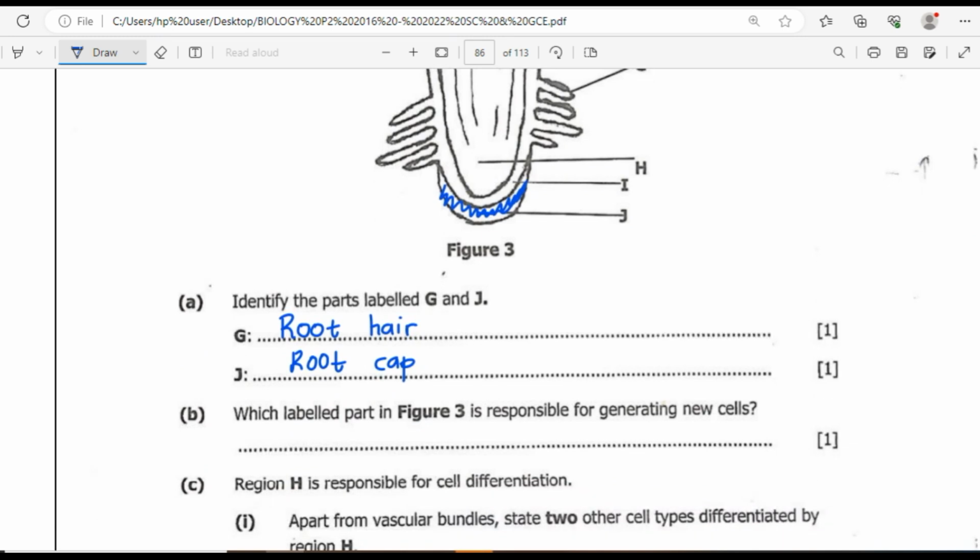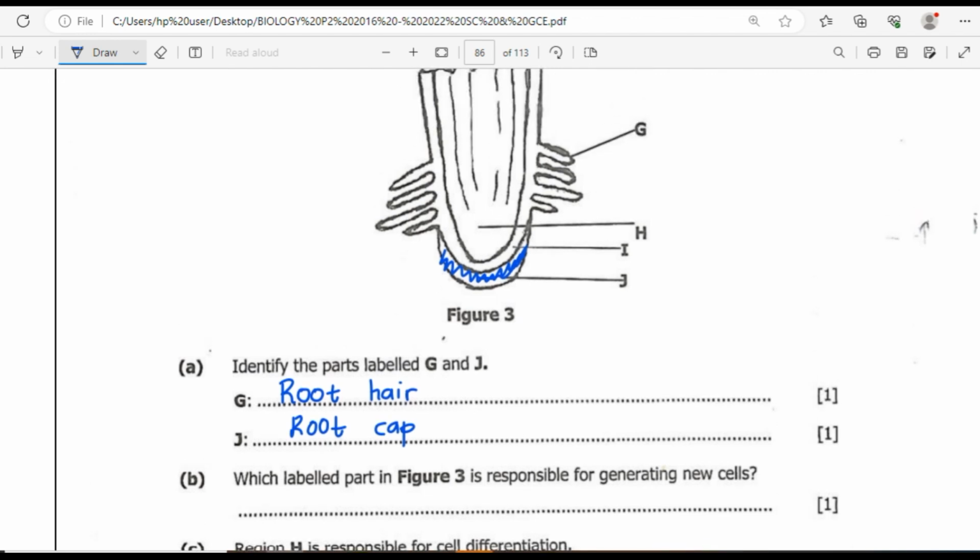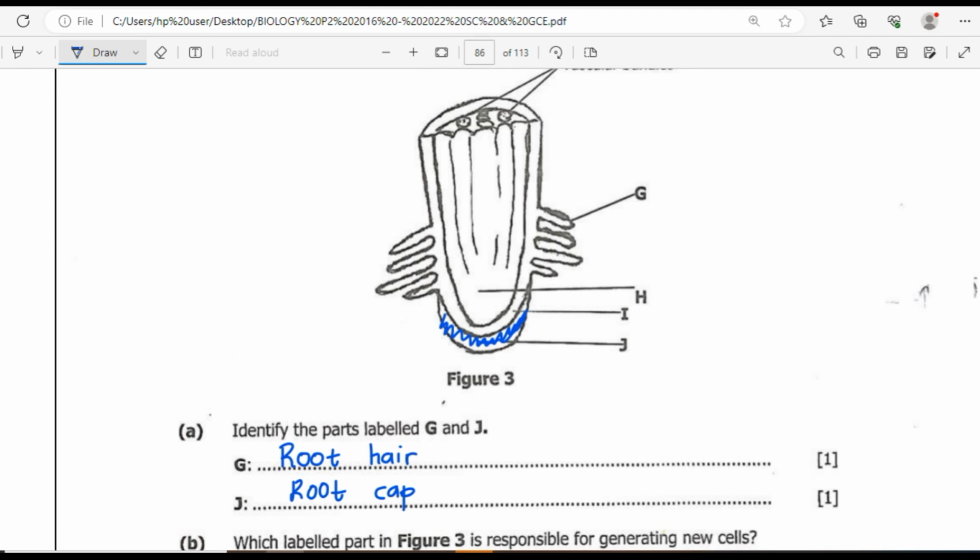Okay, so now let's look at Question B. Which labeled part in figure 3 is responsible for generating new cells? This question is the same as asking which part we expect to have cell division, because cell division is all about the production of new cells. So cell division is region I. This is where our cell division is. After the cells have divided, what happens?